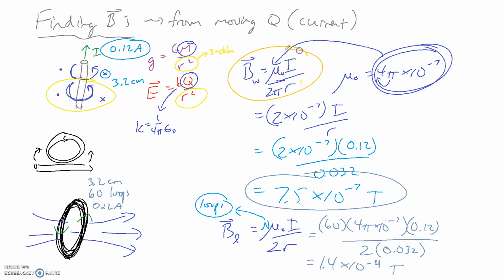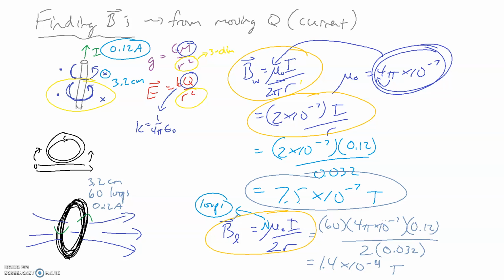We've got magnetic field from a wire, mu naught I over 2 pi r. Most people just use the shortcut version. And then we've got magnetic field for a loop, n mu naught I over 2r. They're relatively straightforward. They're not complicated. They work out pretty well. We'll use those to calculate fields, and then we'll incorporate forces into that as well. But that's basically it, those two expressions.